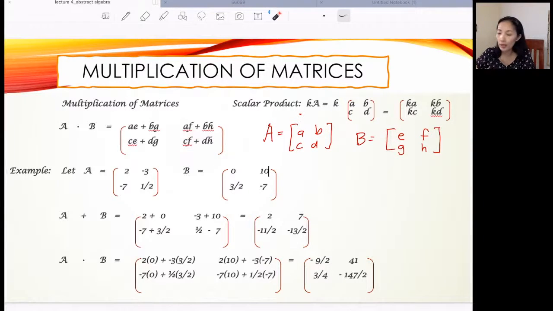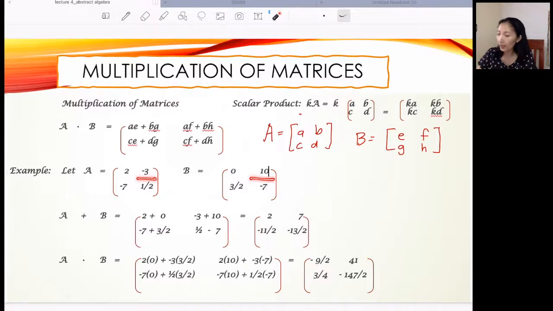So, let's look into one example. Let A be the matrix 2, negative 3, negative 7, 1/2, and B be the matrix 0, 10, 3/2, negative 7. Find the sum first. A plus B, we add corresponding elements. 2 plus 0, negative 3 plus 10.